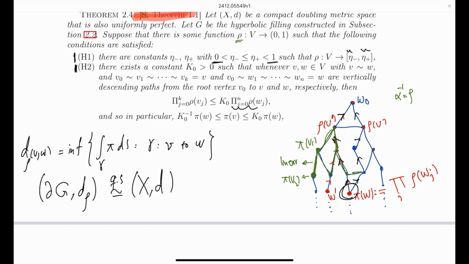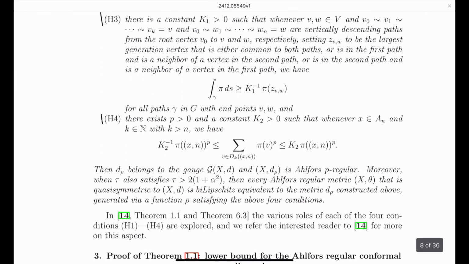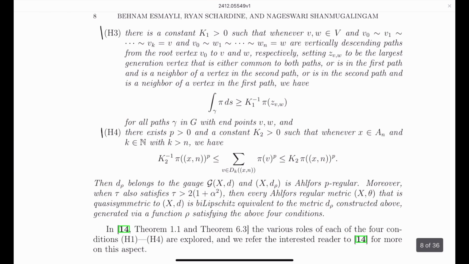So this multiplication would have been comparable to the other one if you have two different vertical paths. Therefore, this choice of pi was inessential, basically. And then third and fourth are a bit more technical.